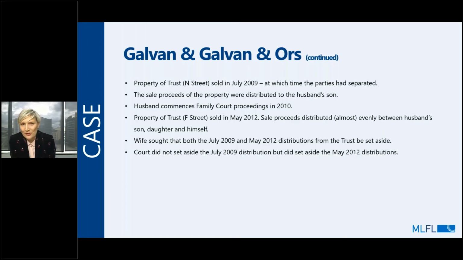Both, as I said, post-separation, both in some respects could be considered intended to defeat the wife's claim, but ultimately the judge only set aside one of those transactions. So it's interesting, and I also think it's helpful if we find ourselves in one of these situations that there is a discretion in the way the judge has dealt with those different transactions.